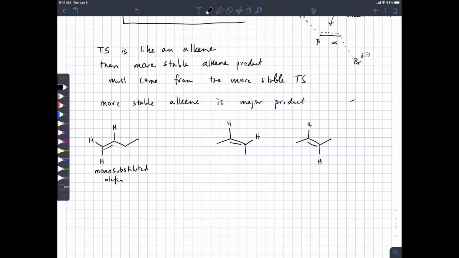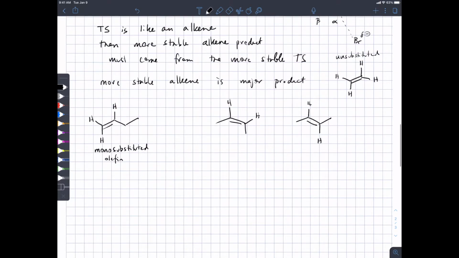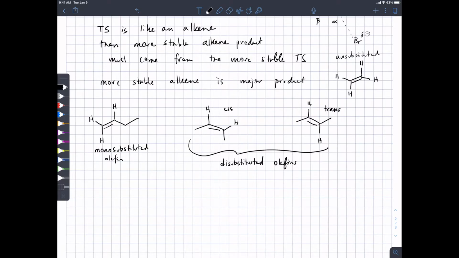And the reason we're calling it mono-substituted is because relative to our simplest alkene, ethylene, which is unsubstituted, we've not swapped out any of the hydrogens for things that are not hydrogen. So our regioisomer is a mono-substituted olefin. Both of these diastereomers are disubstituted olefins. Only one is cis and the other is trans.